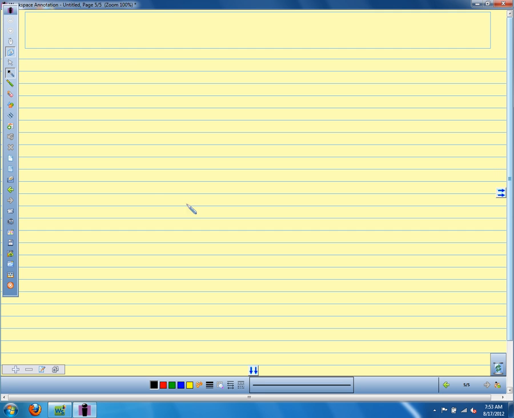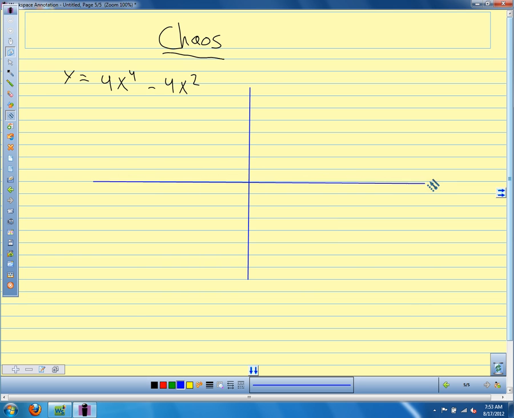If we have this function, this is one example. We have a function y equals 4x to the fourth minus 4x squared. I'm doing this very quickly; you're not going to need to know this, I just find it very fascinating.